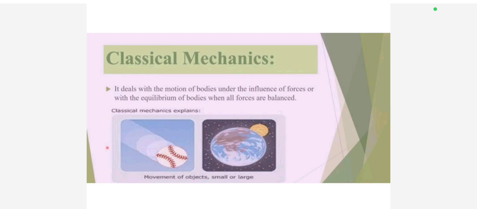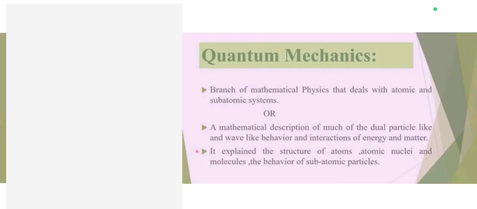Next, classical mechanics: the study of the motion of bigger things and objects. It deals with the motion of bodies under the influence of forces, and the equilibrium of a body when all forces are balanced. For example, movement of small and large objects.